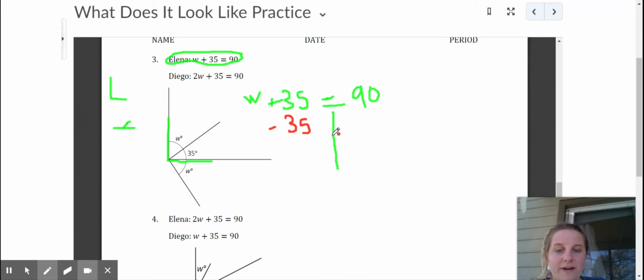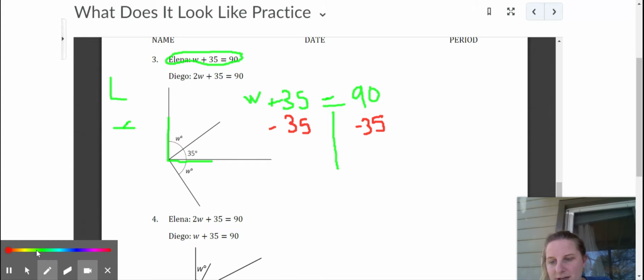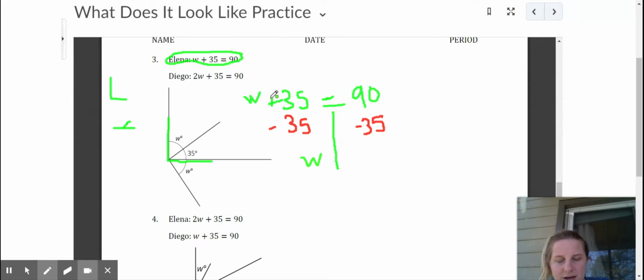If I do that to one side, I need to do the same to the other, so minus 35. Now I've got my W. Negative 35 cancels out positive 35, so I'm left with my W.